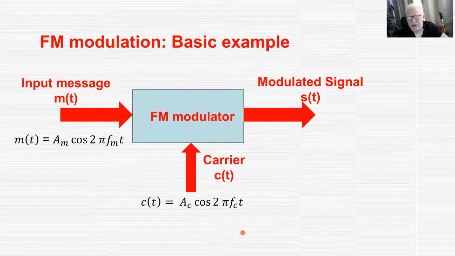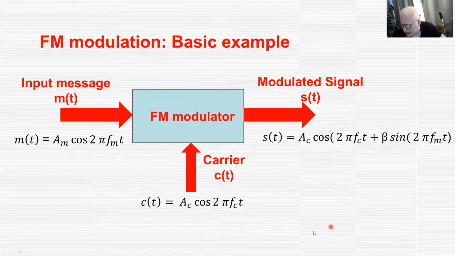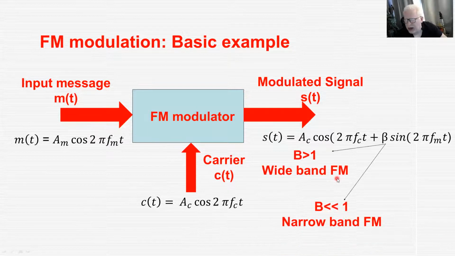Then we started to investigate a very basic example where we have a sinusoidal signal as an input, Am cosine 2 pi fm t, and then we try to reach a formula for the output signal where the modulation index beta starts to appear.